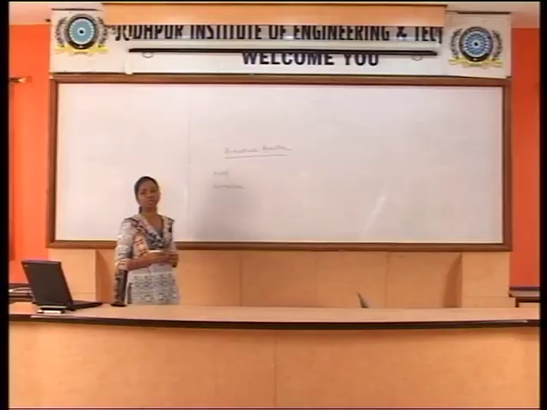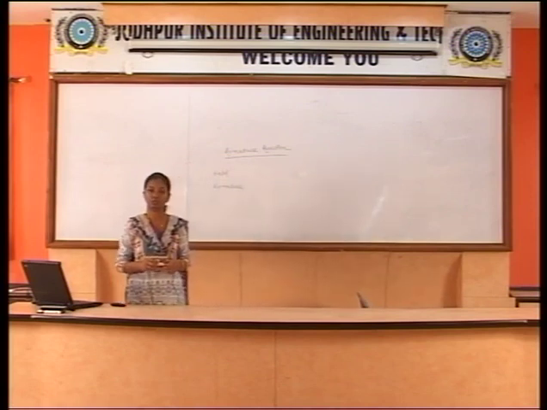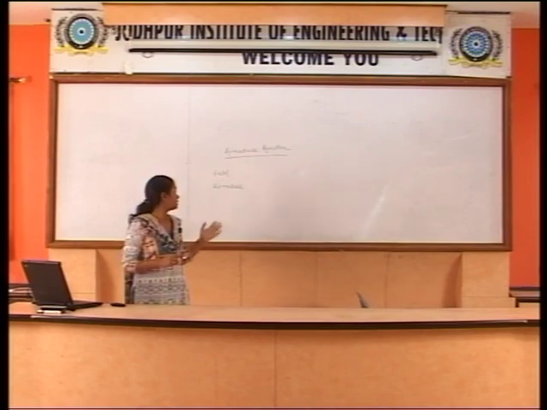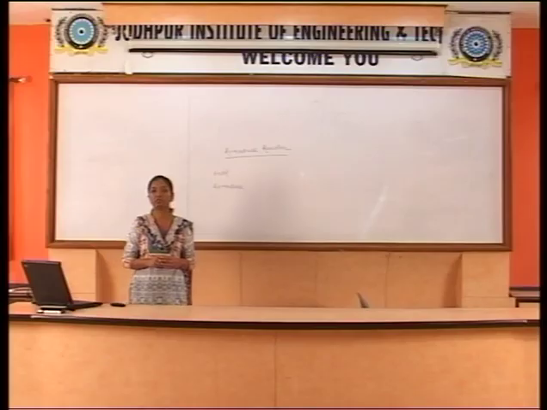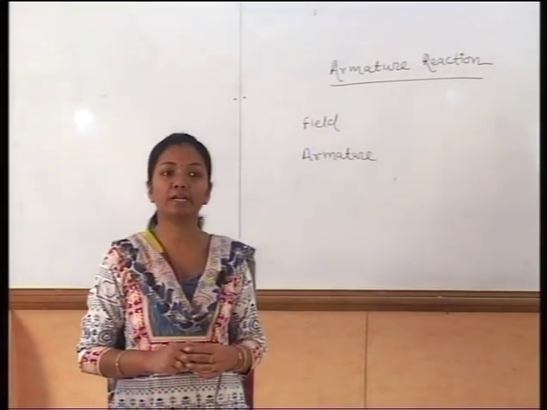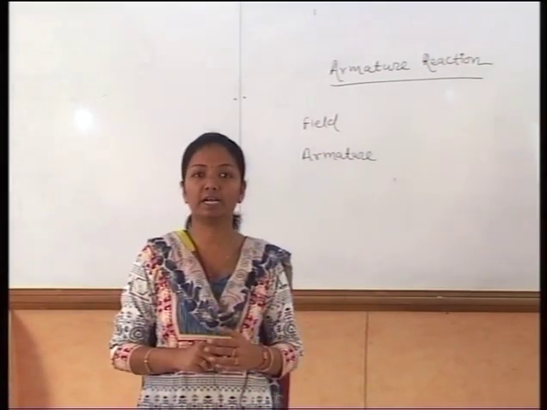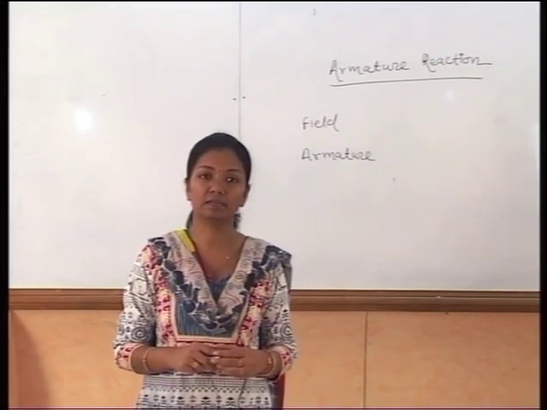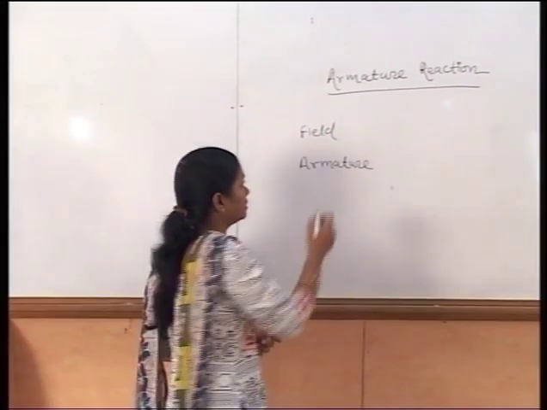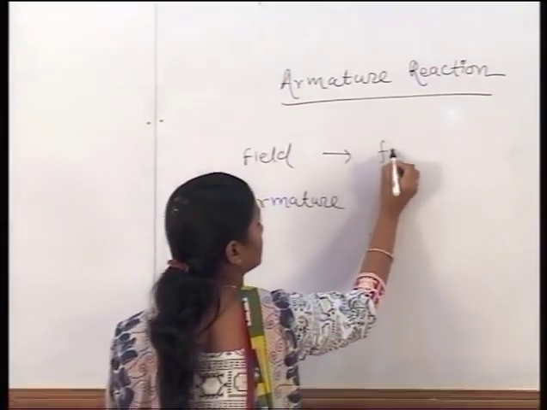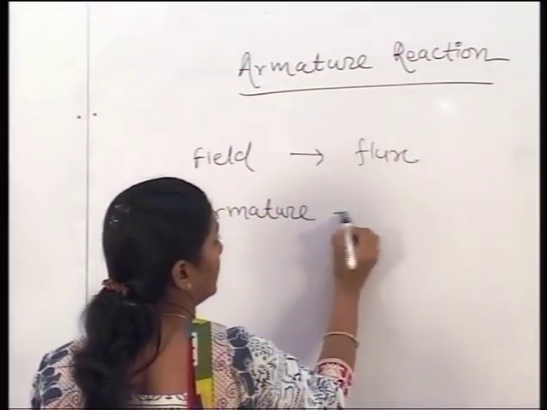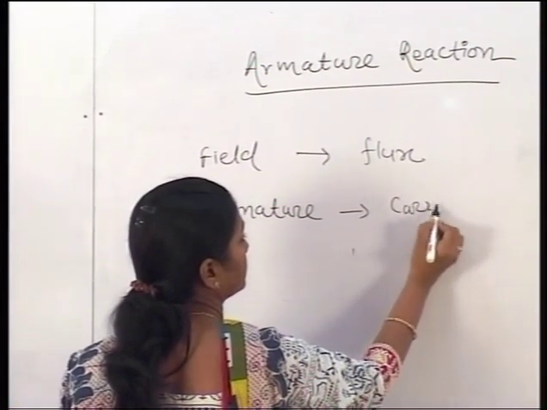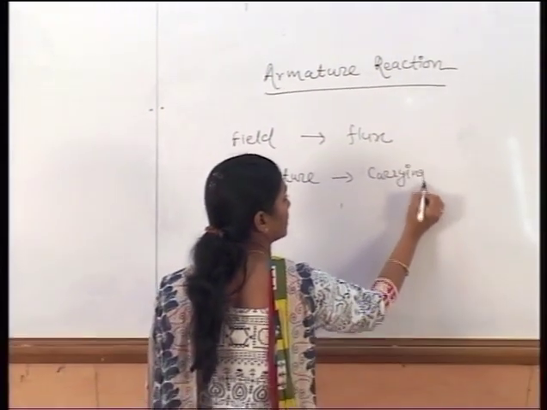The purpose of field in the DC machine is to provide the requisite flux density for the machine working, and the purpose of armature is to carry the required amount of current through its conductors, which is necessary for the electromagnetic interaction. It is producing the magnetic flux, and it is carrying the current.